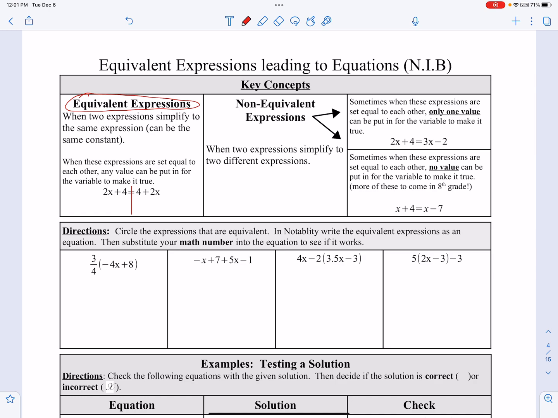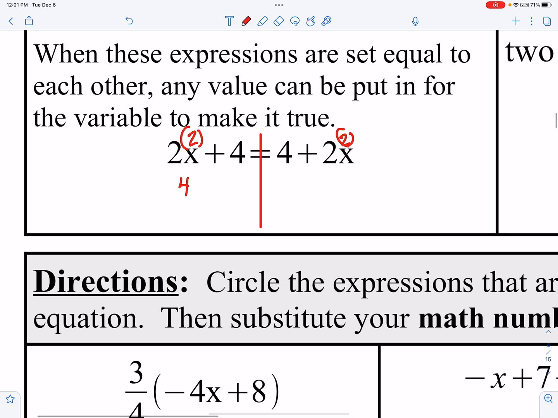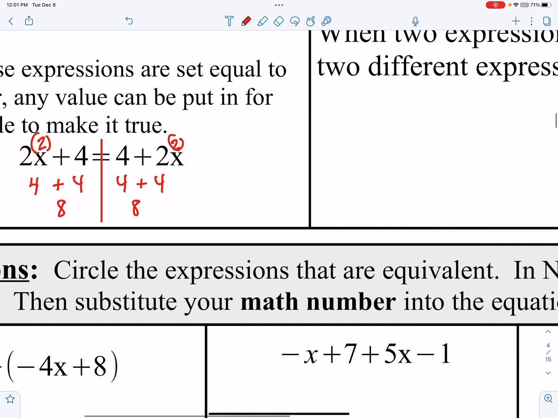I especially know this because of the commutative property. 2x plus 4 is the same as 4 plus 2x no matter what is in x. So anything I plug in is going to show true to be equal. If I input a 2 into x here, 2 times 2 is 4, and this ends up being 4, so we are equivalent. I could change to any number I want, and that's still going to remain true.